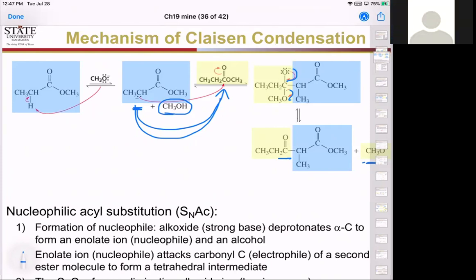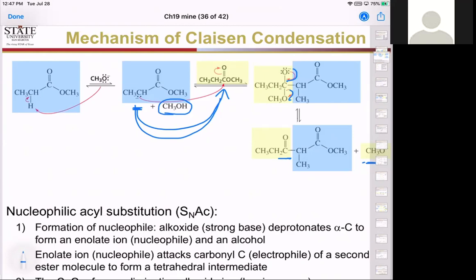So imagine you only have two things in your solution: your methoxide and this methyl ester. You don't have to add a full equivalent, you just add a little bit, and it'll make a little bit of enolate. That enolate will react with the other neutral species in the solution. And then when it reforms the carbonyl, it regenerates the equivalent of methoxide.